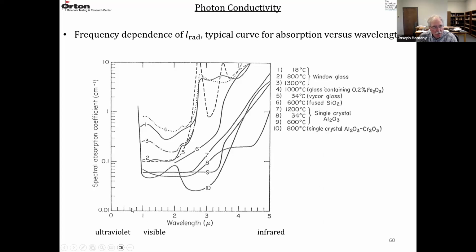Here's your ultraviolet region, your visible region, and your infrared region starts here. You can see the absorption edge increases in the ultraviolet region. And when you get into the infrared region, all these absorption curves go upward, so the minimum in the absorption occurs in the visible region. That's the wavelength dependence.